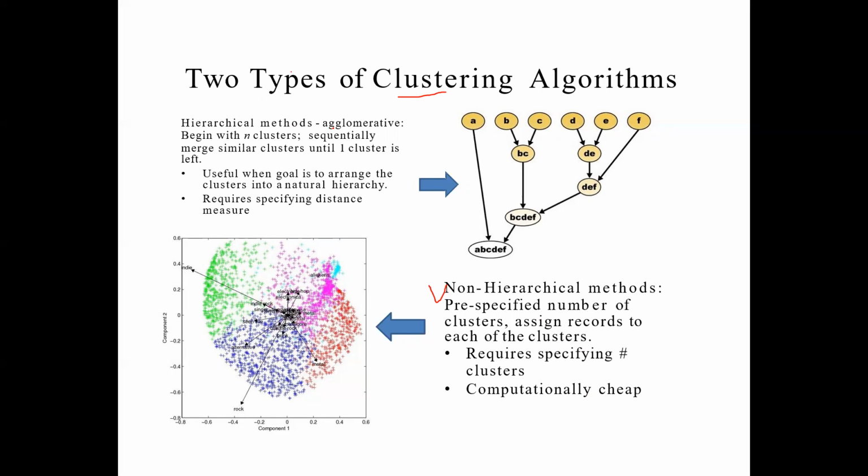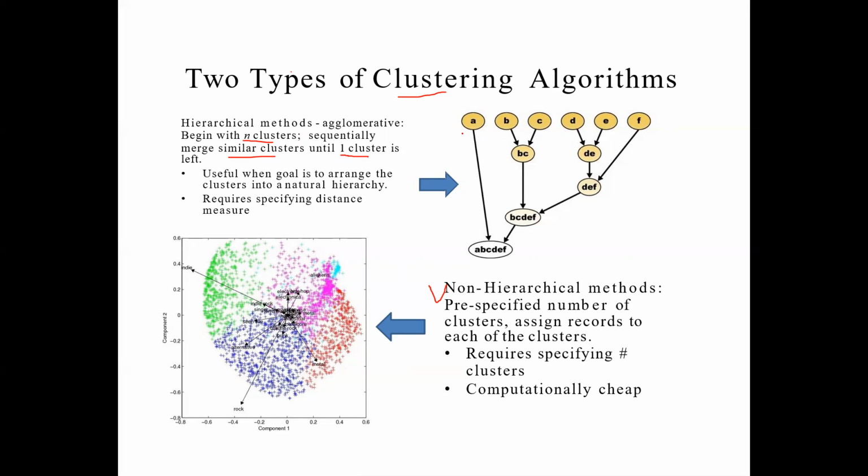In agglomerative clustering, we begin with n clusters. Sequentially, we merge similar clusters until one cluster is left. How agglomerative clustering works, we can discuss here. Here is one example, right? We start with each and every point in the data set belonging to a single cluster.